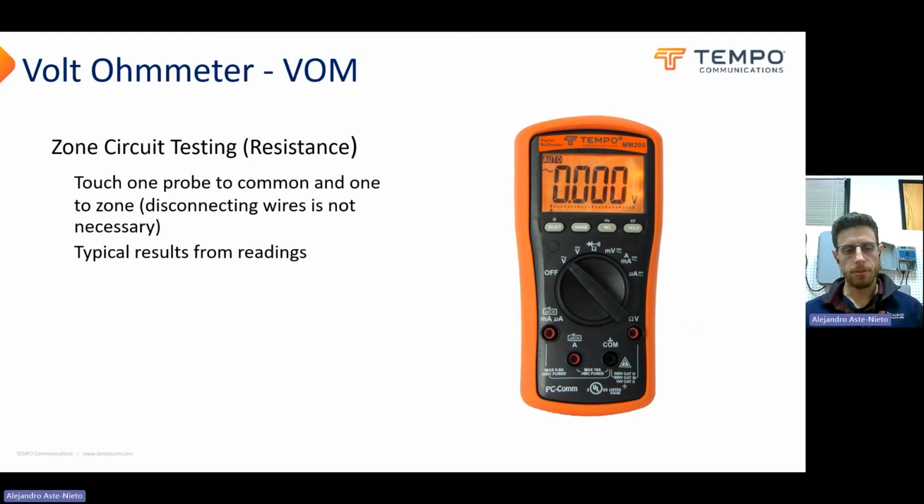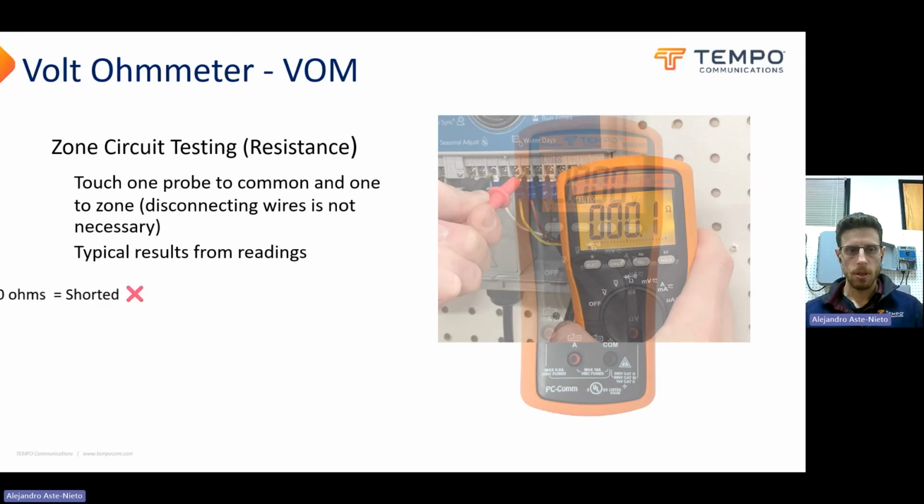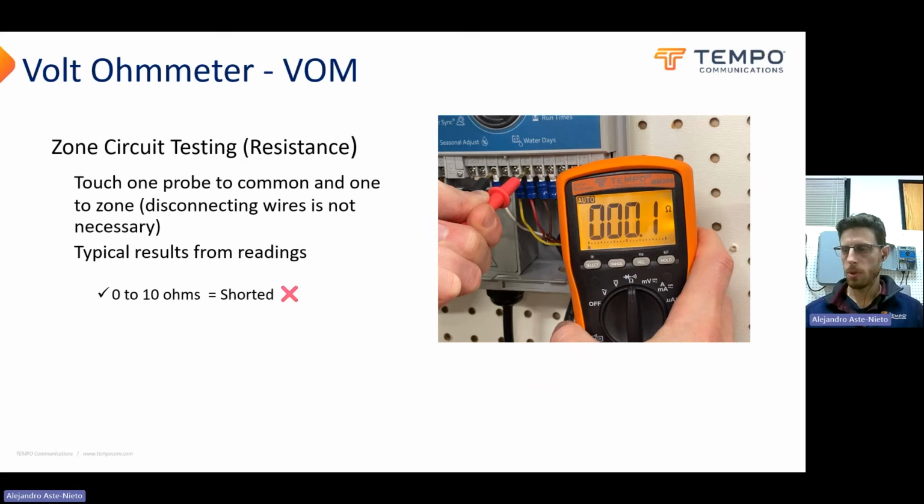So in terms of testing resistance for our zone circuits, if you get a low amount of resistance, that means something is shorted. In that image, you see we have one probe touching the common terminal. There's a screw attached to the common wire, and we have one screw on our zone circuit.